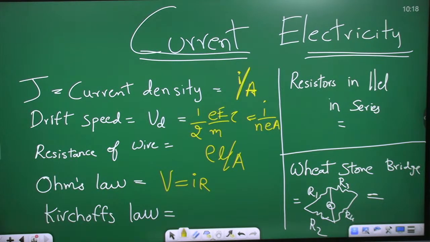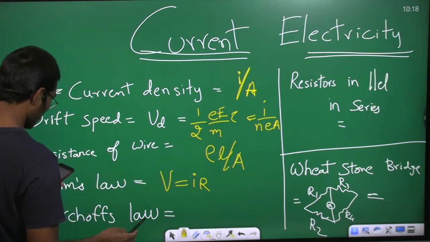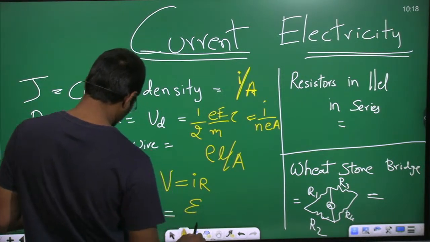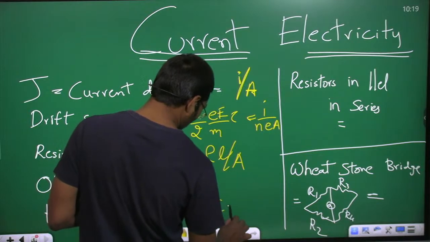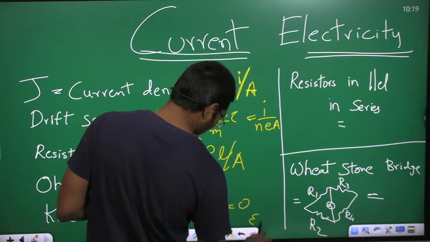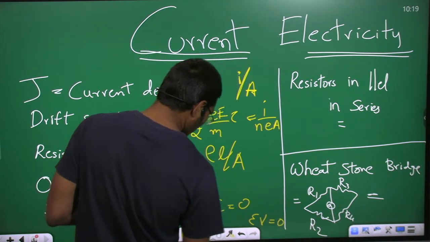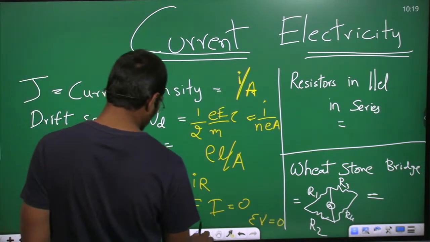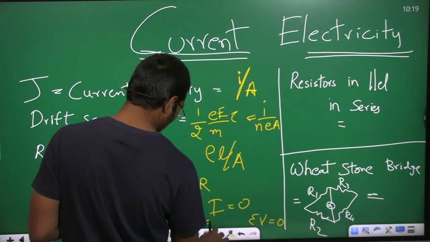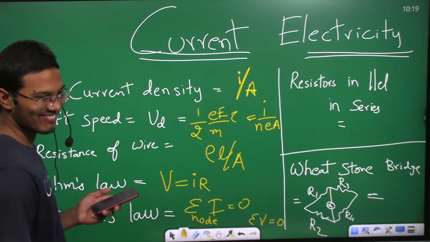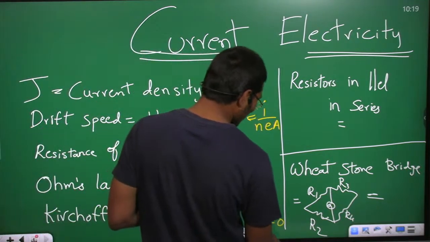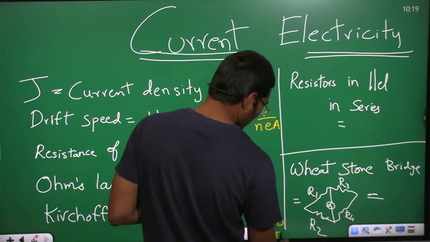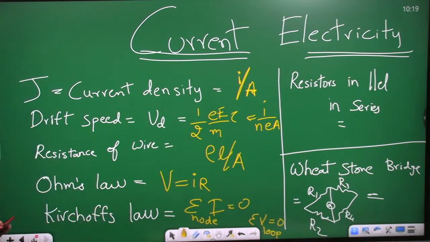Okay, that is one. The other part? See, sum of currents at a node. This is at a loop. So this is sum of currents at a node, sum of voltages in a loop. Okay?